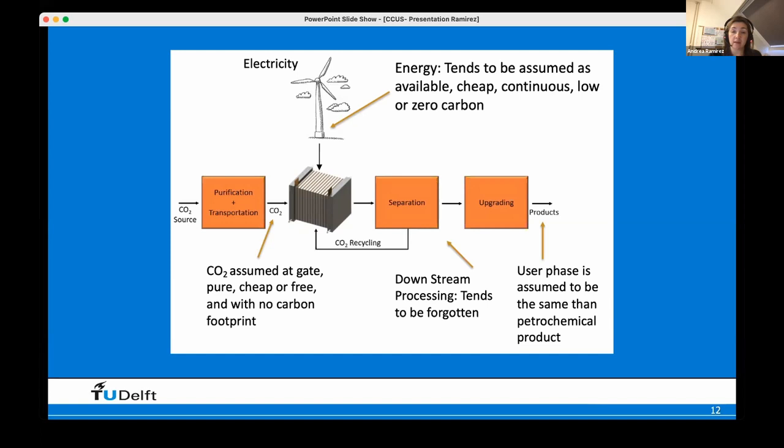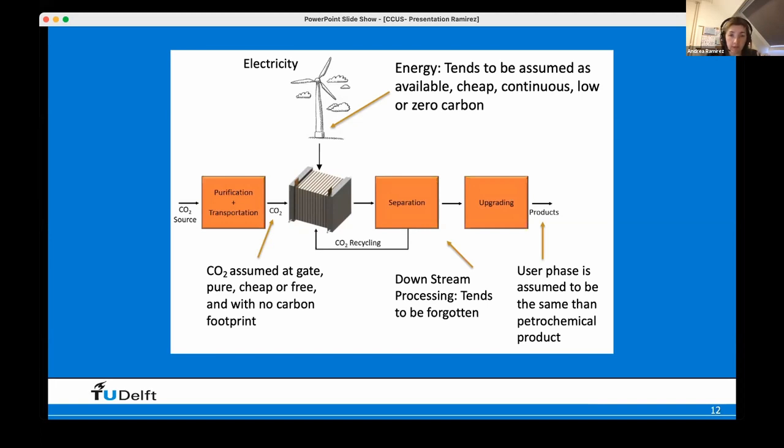There are some technologies that don't need CO2 capture itself and can deal with flue gases, which is an advantage, but only if you take it within the system boundaries. And the price of the CO2, the carbon footprint of the CO2, or the fact that energy is being used in the process.